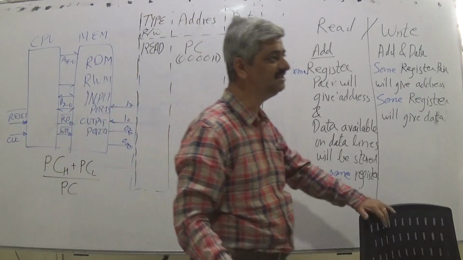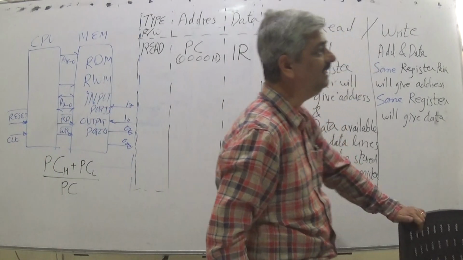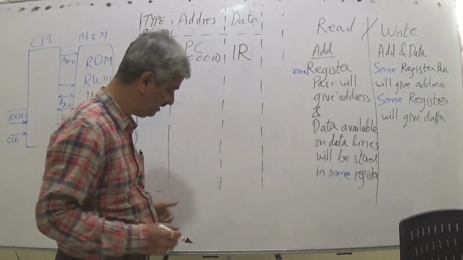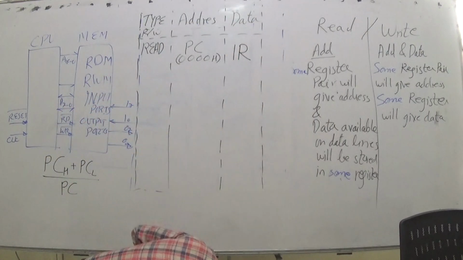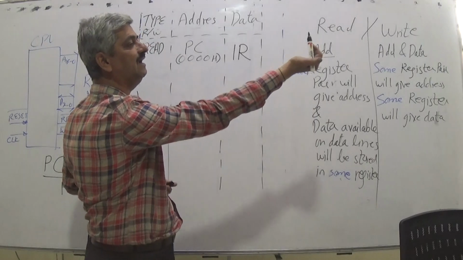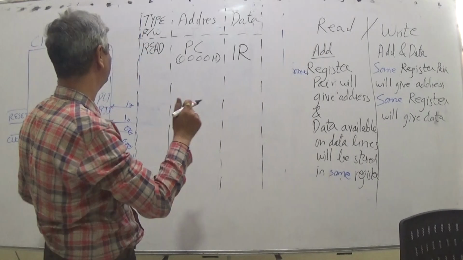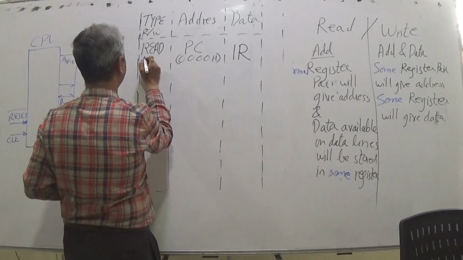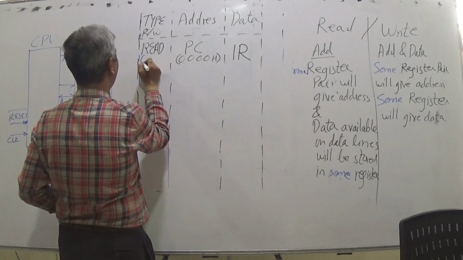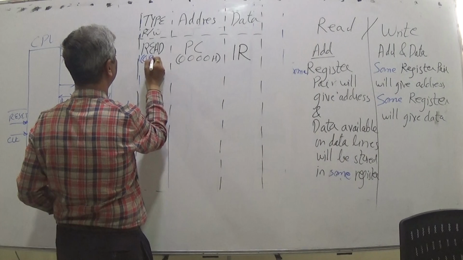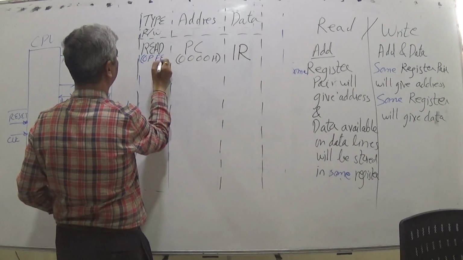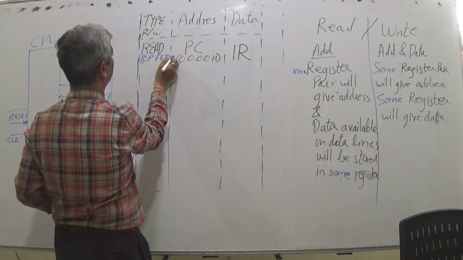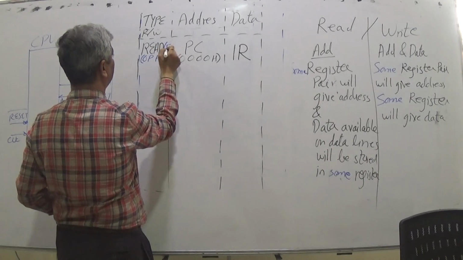In this read, I am reading the 8 bits as an instruction, so this is a special read, the opcode fetch cycle, or the F cycle.